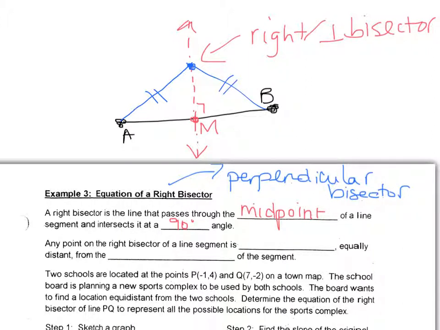So it's just a characteristic of a right bisector that any point is equidistant or equally distant from the endpoints of the line segment.